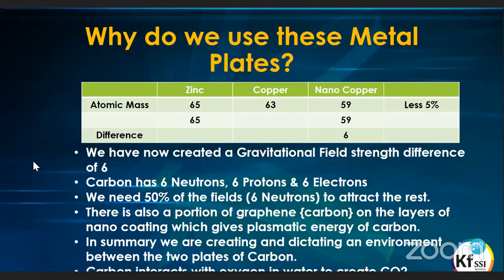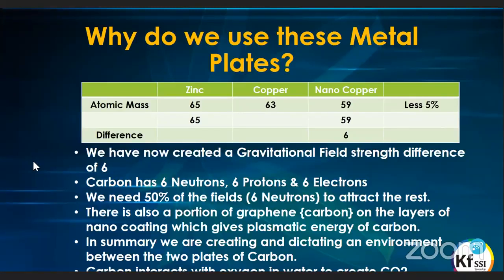Okay, so now we just have to look at understanding why we're using these particular metal plates. So when we have a look at the atomic mass of zinc, it's around 65, and the atomic mass of copper is around 63. You look on the periodic tables.